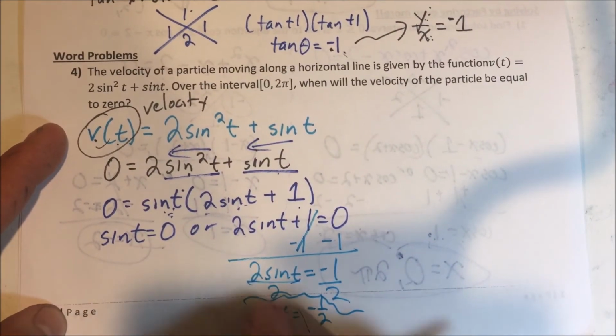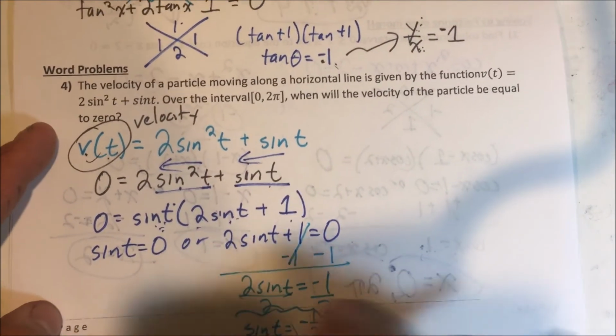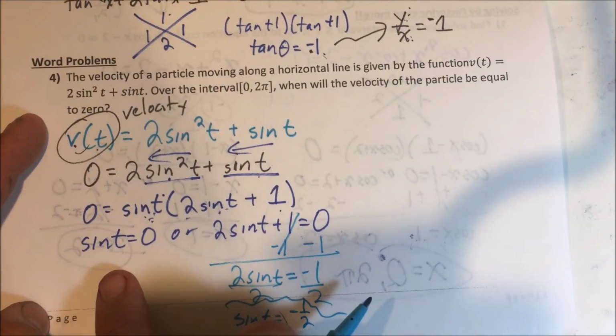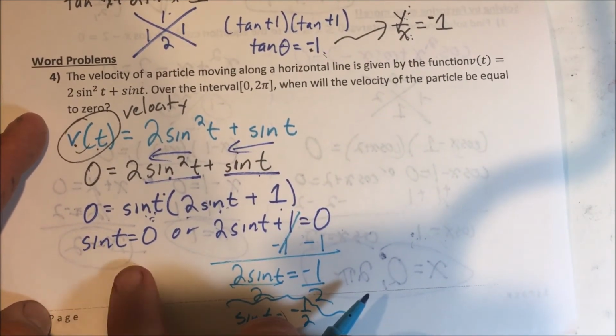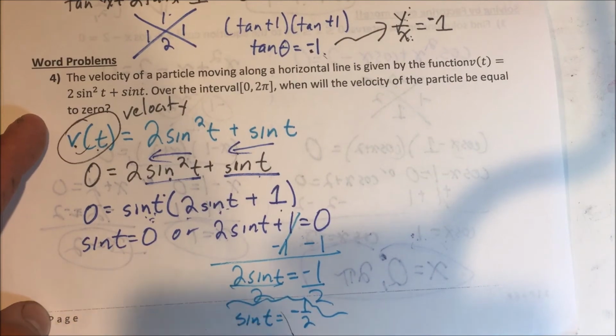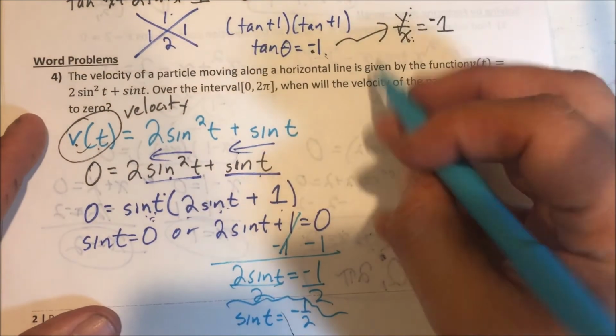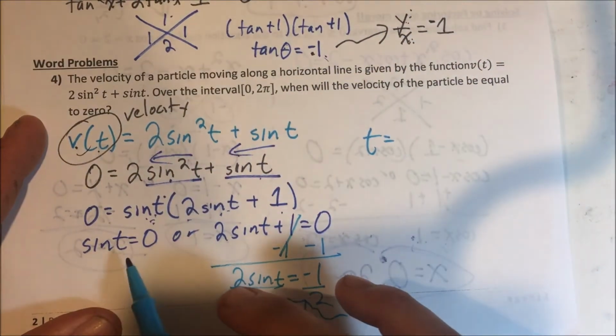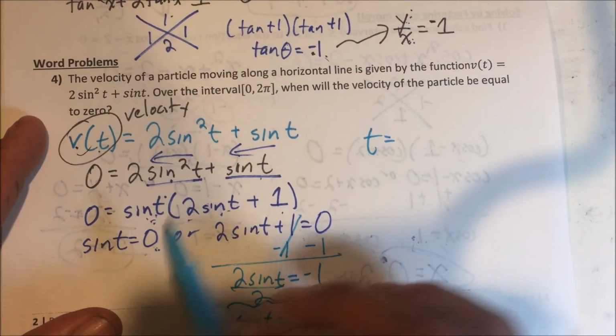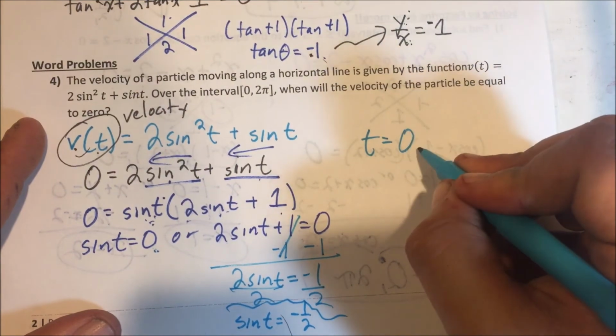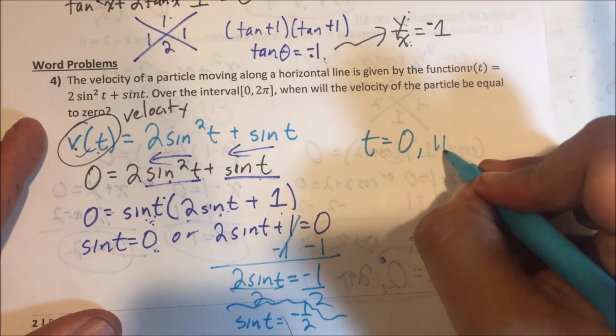Again, we have to figure out just what we've been doing, which is what angle would make sine of t equal to 0, and what angle would make sine of t equal to negative 1/2. So if we look at the unit circle, where would the y-coordinate be equal to 0? That happens at 0 and at pi.